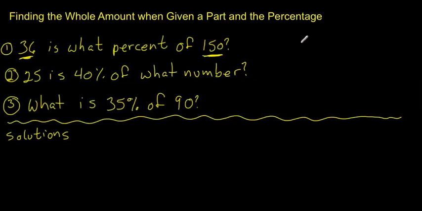What you have to remember is that when you see the word "is," that is this, an equal sign. Okay, so the word is means equals. The word "of" is equal to multiplication. Okay, so of means multiply.